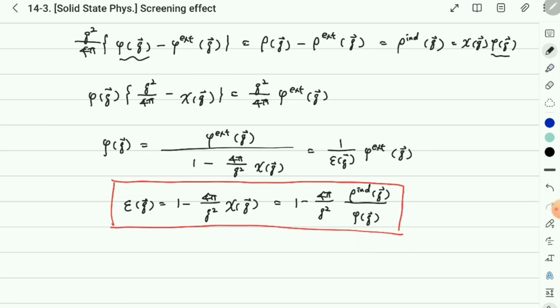But in general, in the ionic potential, the cloud of electrons surrounds the ions and reduces the value of the dielectric function. Basically, the dielectric function implies the reduction of the potential from the ionic potential.